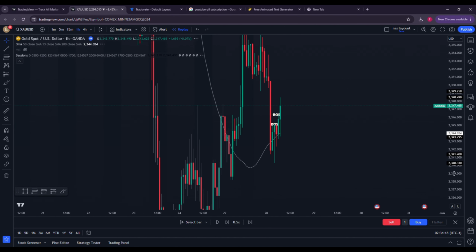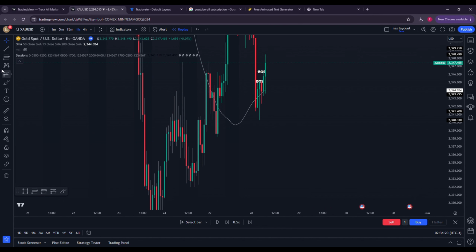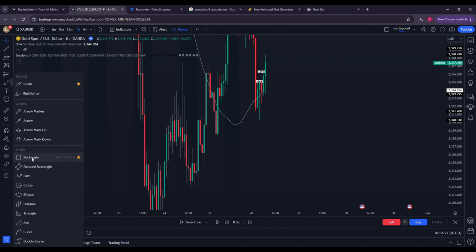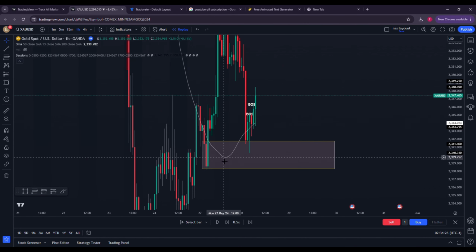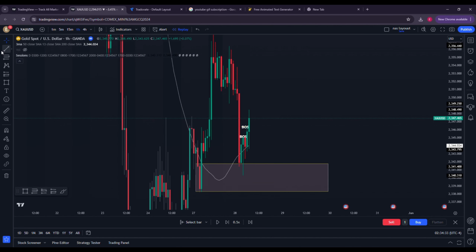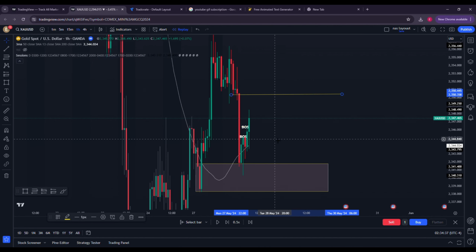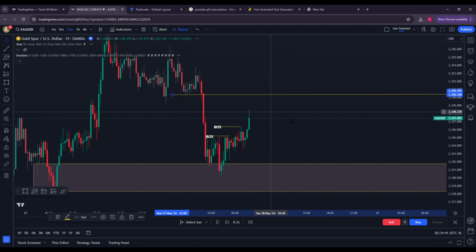Going back to the 1 hour, we see that we have a demand zone being filled, which would be this one right here, and obviously price came into it and had a few rejections and shot back upwards. We have a supply area right about here, and price may be going towards that key level.